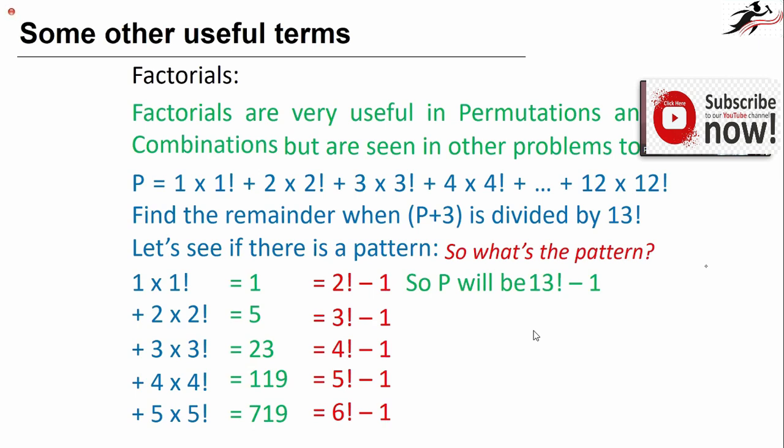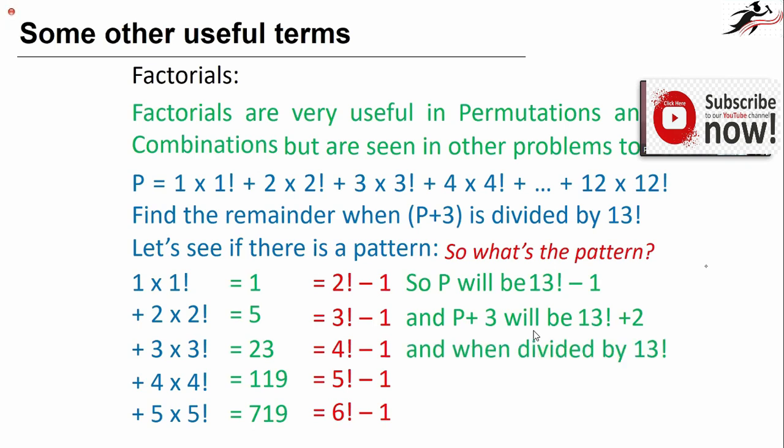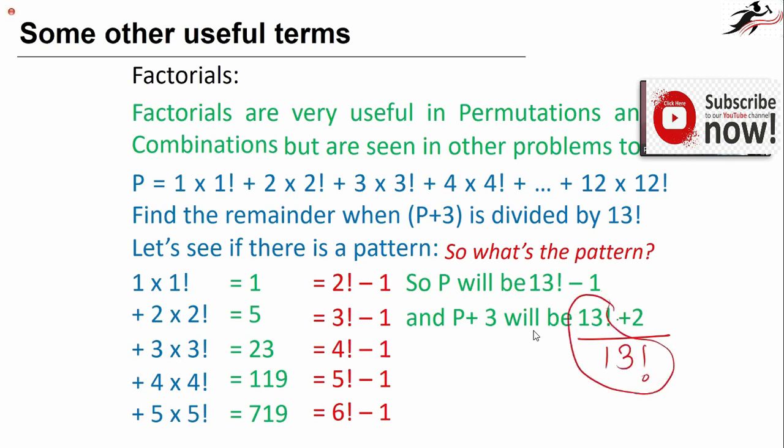So, after this, I can say that P plus 3 will be 13 factorial minus 1 plus 3. That is 13 factorial plus 2. Correct? So when I divide 13 factorial plus 2 by 13 factorial, the first part is completely divisible.